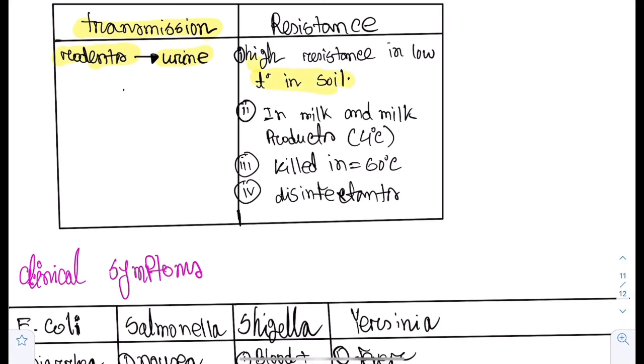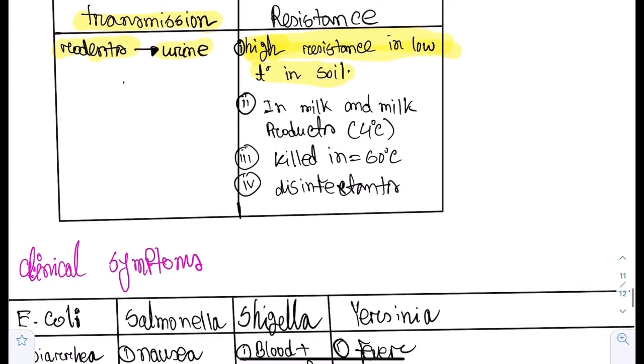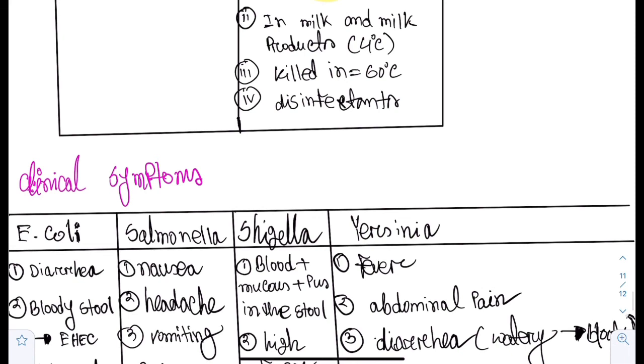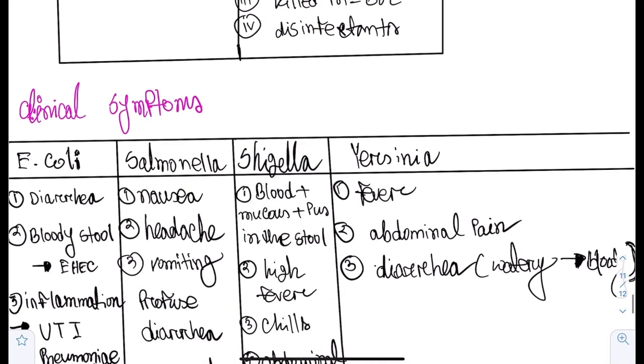There is one exceptional thing about Yersinia: because soils are cold, whatever the weather, the soil is 4 to 6 degrees or even 10 degrees, so that's the optimal temperature it can grow. So pay attention to that point.